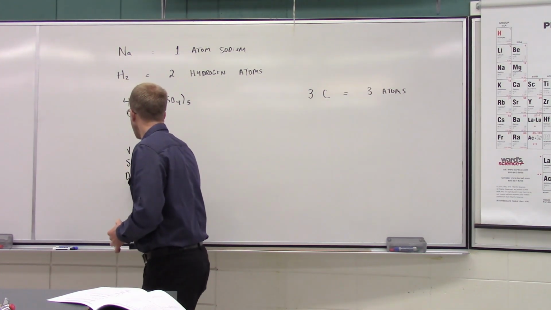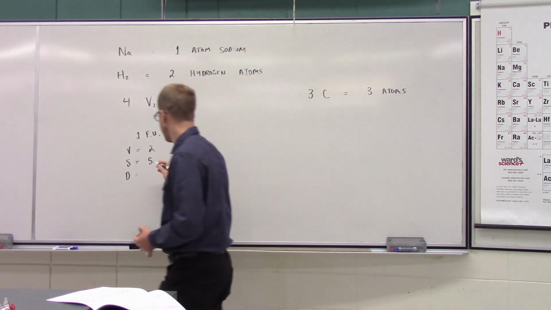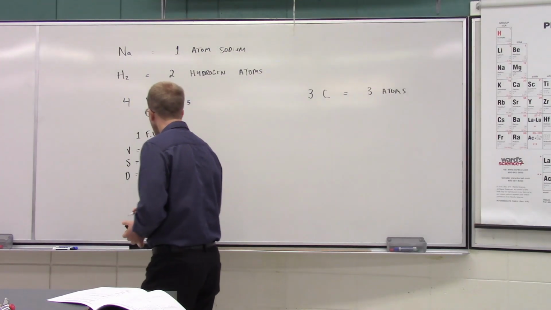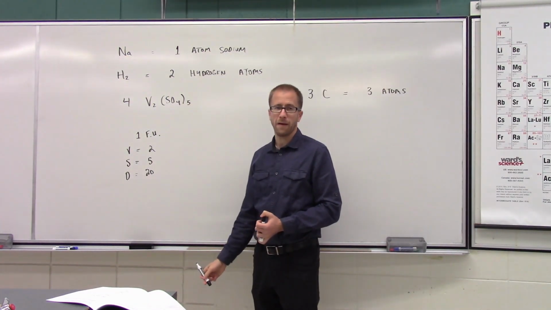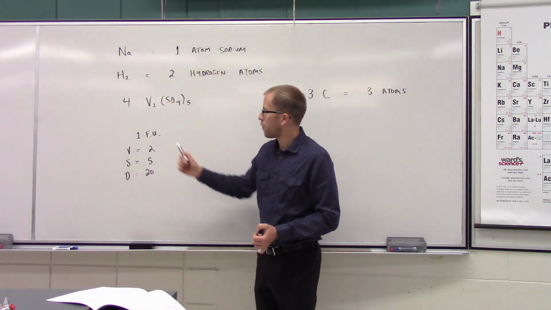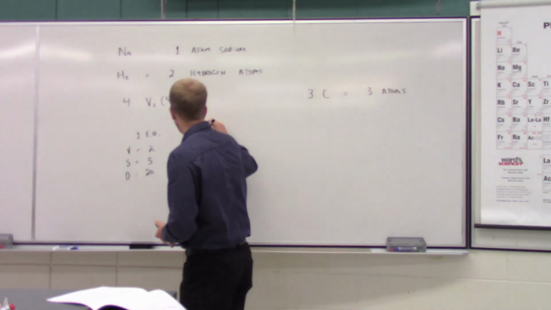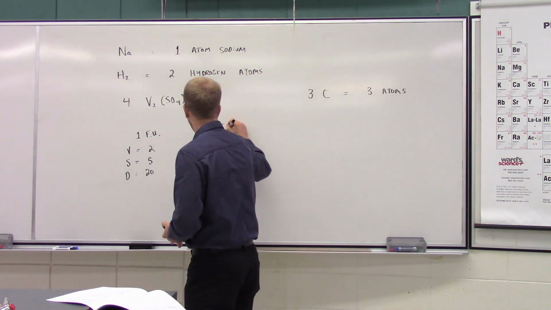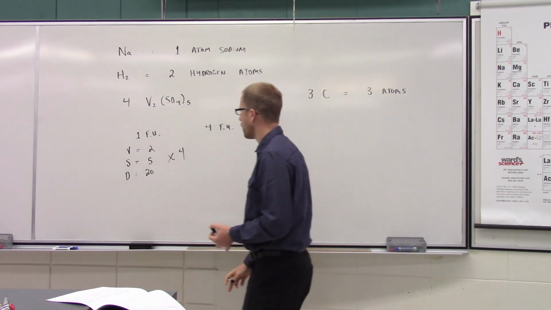And how many atoms of oxygen? 20. We have 20. So in one formula unit, this is how much we have. But we don't have one formula unit. How many do we have? 4. So in 4 formula units, we're going to multiply all these numbers by 4.